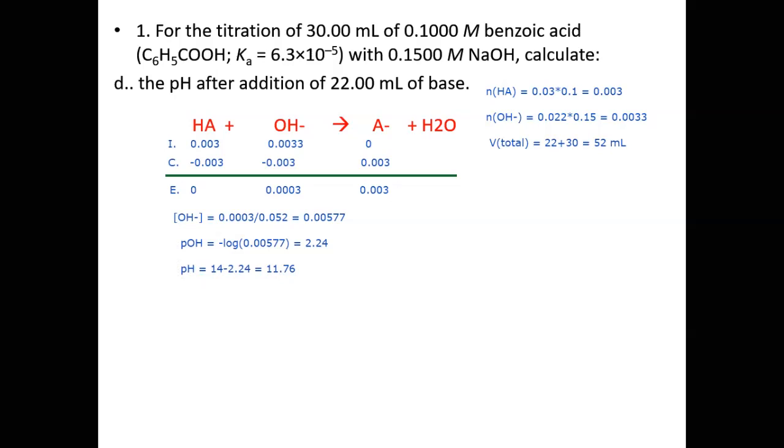This is how you calculate the pH after equivalence point for a weak acid strong base.